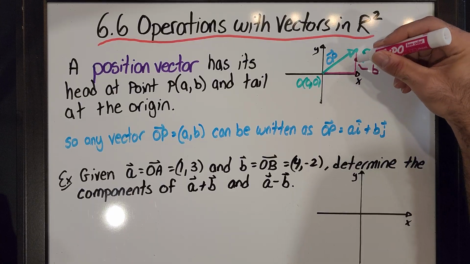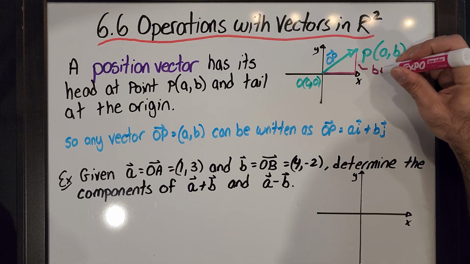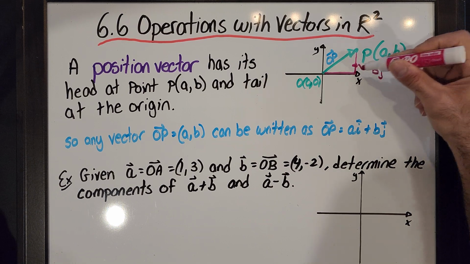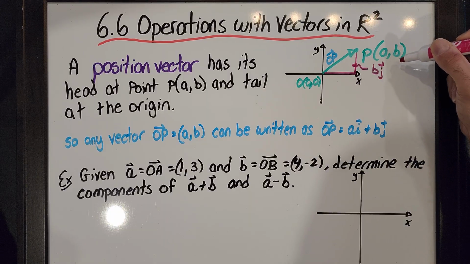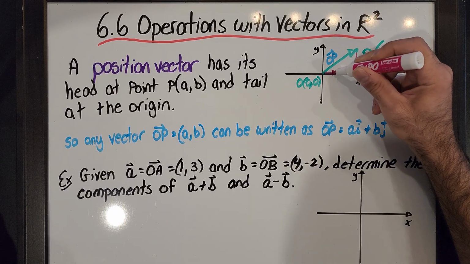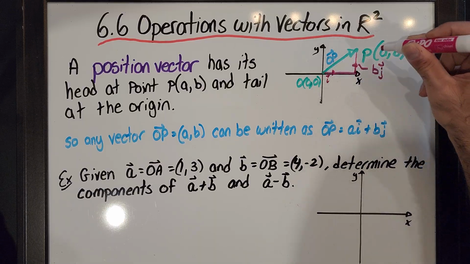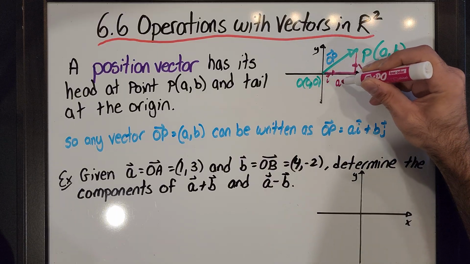And we know the vertical component, we can multiply it by the unit vector, J, because J is a unit 1. Let's say J is right here. It's a unit 1. If we multiply it by B, we scale it to the same scale as whatever the component of B is. And likewise over here, we call the x component I, vector I. So the whole thing is I scaled up to A. So this is AI.